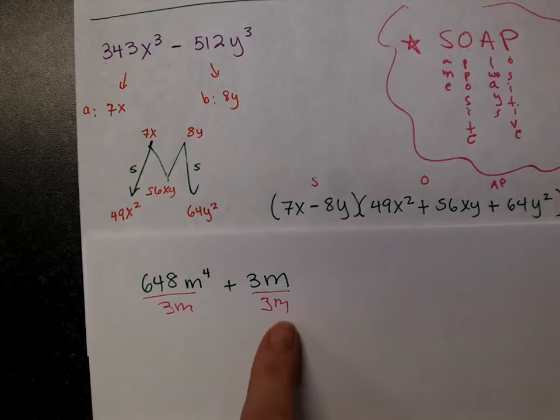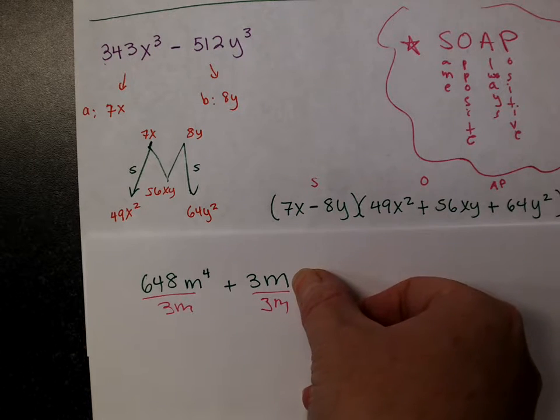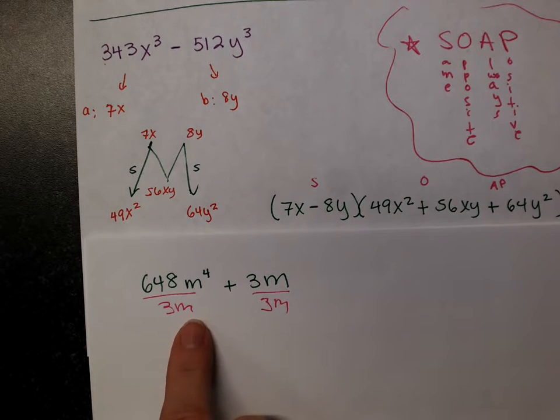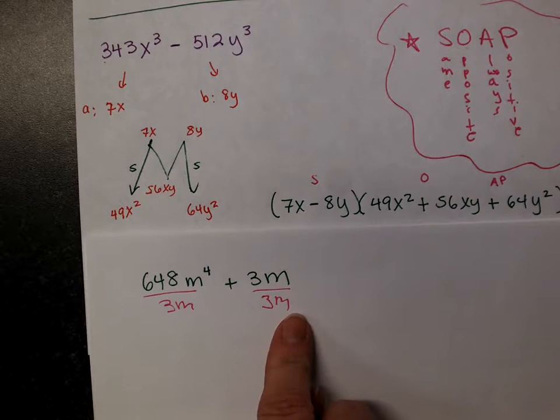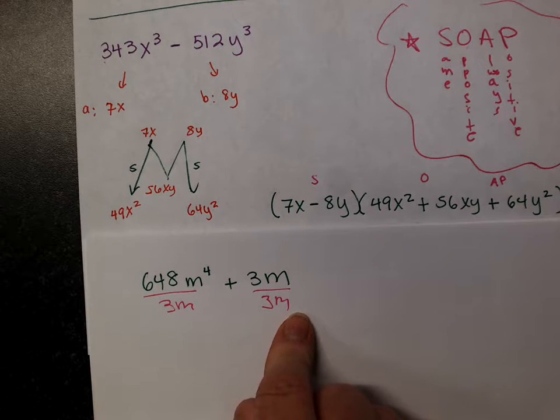You can only take out the smallest thing that they have in common, or the biggest thing they have in common, which is going to be the smallest thing, because you can't take out more than what any of them has. The numerical GCF is always going to be the smallest one or smaller. The variable GCF is always going to be the least number. There's 4 m's here, there's 1 m. The most they have in common is 1 m.